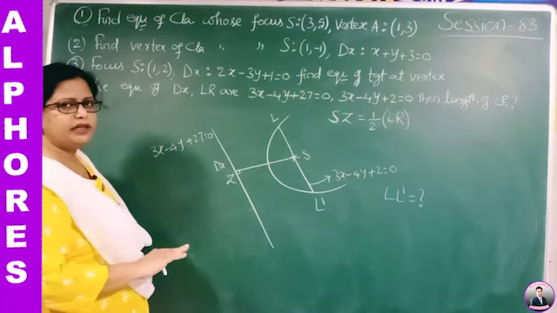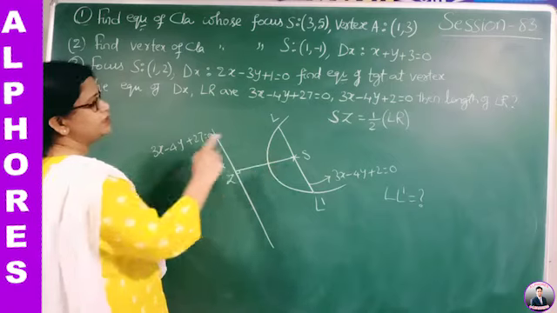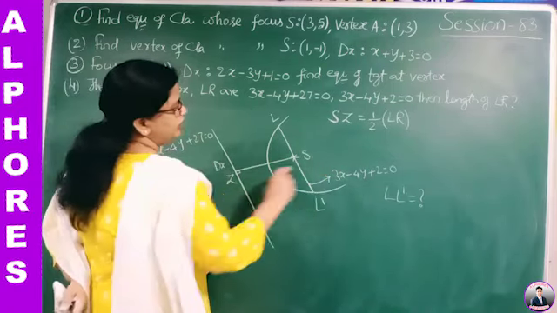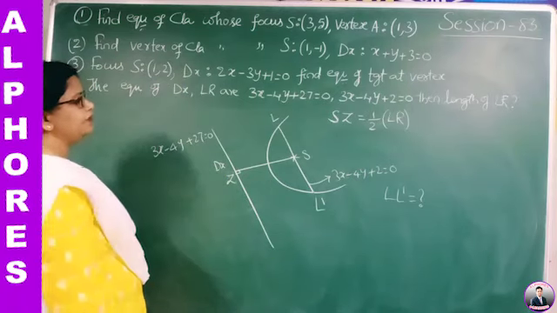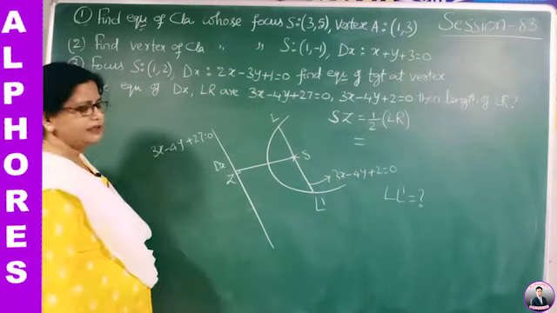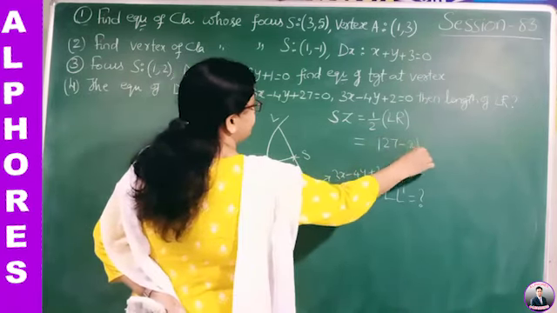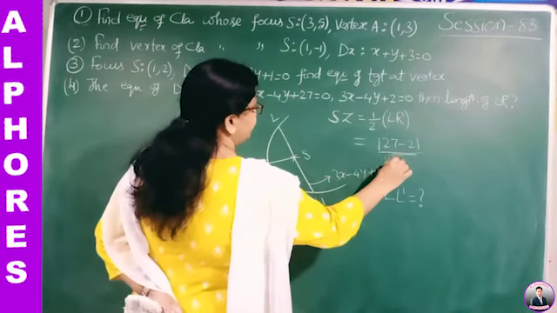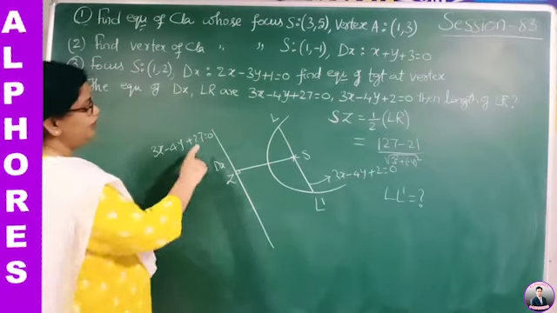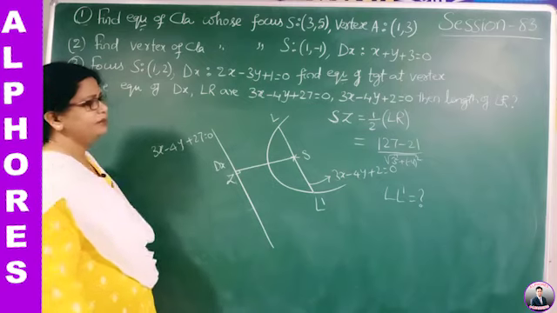So now we are going to find the distance between parallel lines. Again you have observed how important the first year concept is. When you are finding the distance between parallel lines, make sure the x and y coefficients are one and the same. Then what is our formula here? The distance between the two parallel lines is mod of c1 minus c2, that is 27 minus 2, divided by the root of 3 square plus minus 4 whole square. The formula is mod of c1 minus c2 divided by root of a square plus b square.